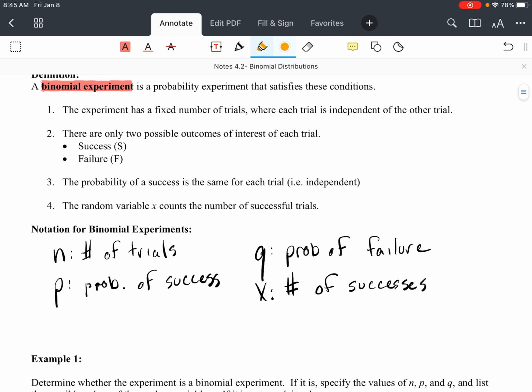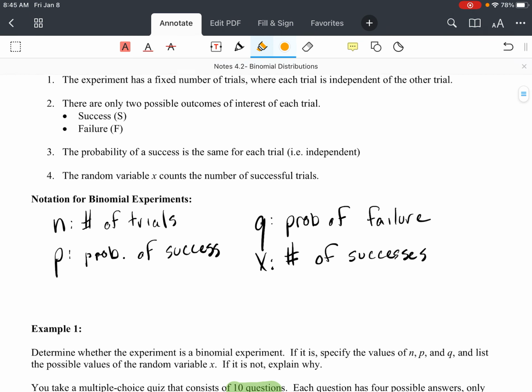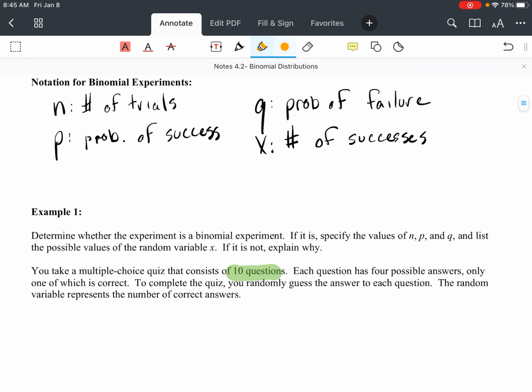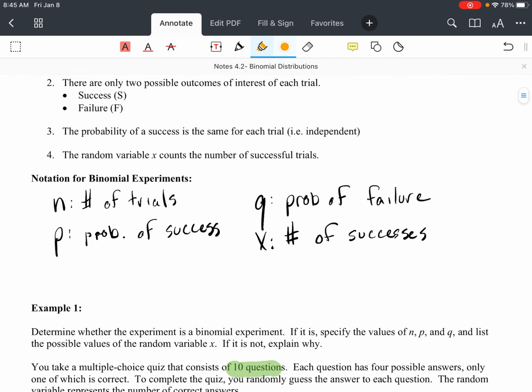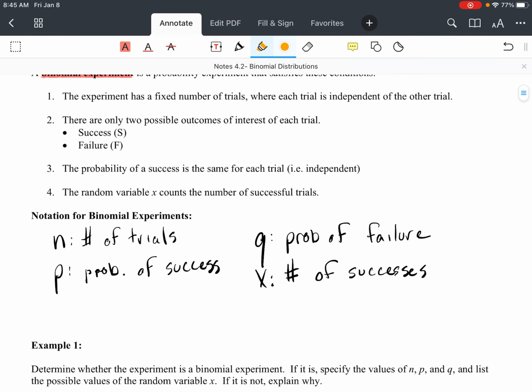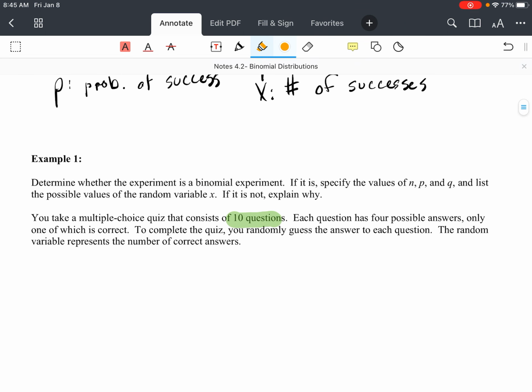Number 2, there are only 2 possible outcomes for each trial, either success or failure. Each question has 4 possible answers, only one of which is correct. So either you're right or you're wrong. So yes, the second condition is met. Number 3, the probability of success is the same for each trial. If I wanted to say what the probability is of getting each of these answers correct, there are 4 possible choices and only one of which is correct.